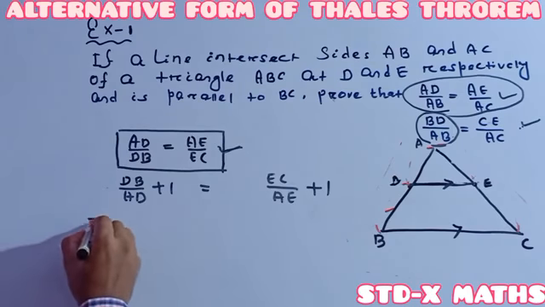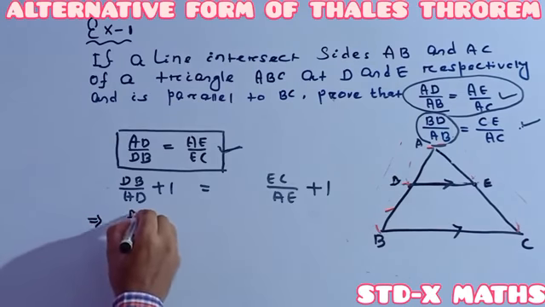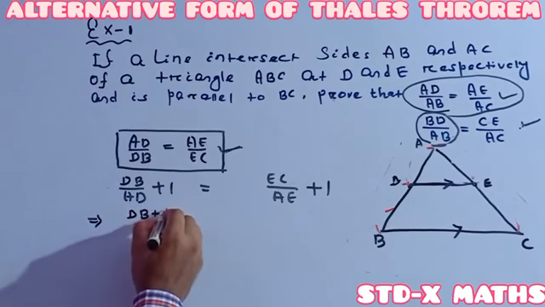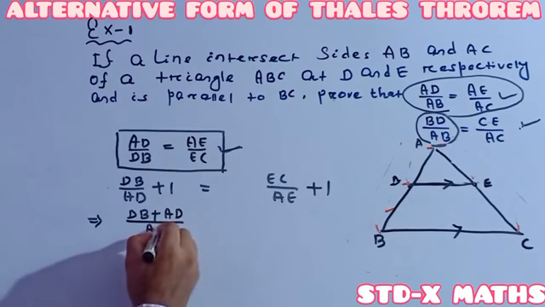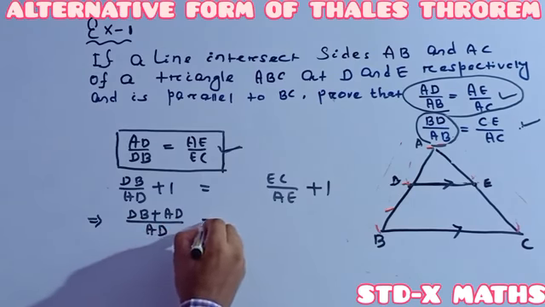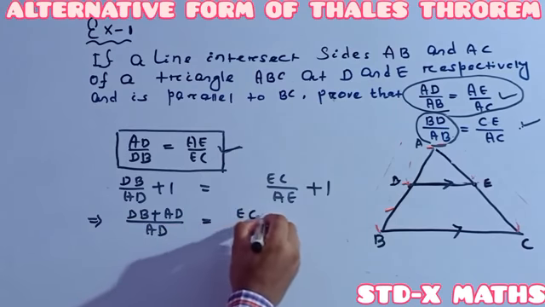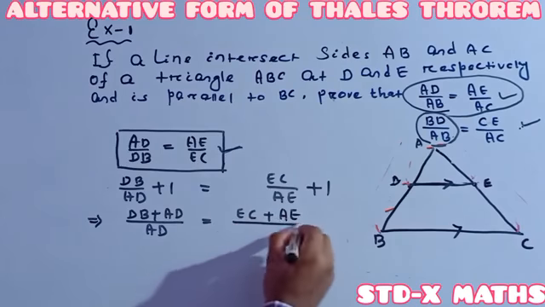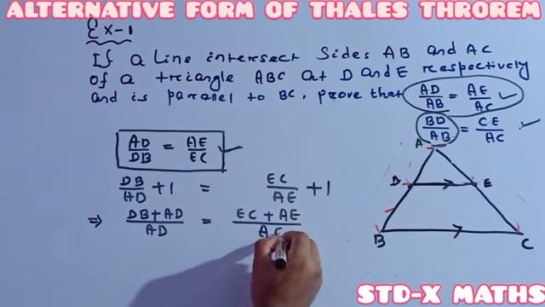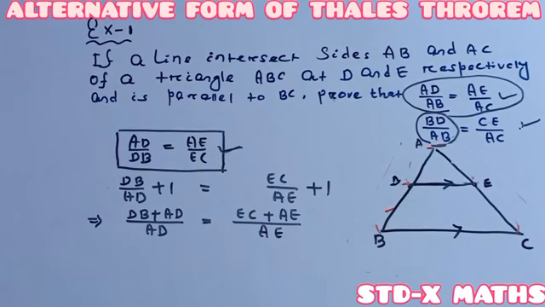Which result do we get? DB plus AD divided by AD on the left, and on the right EC plus AE divided by AE. Understood this step?